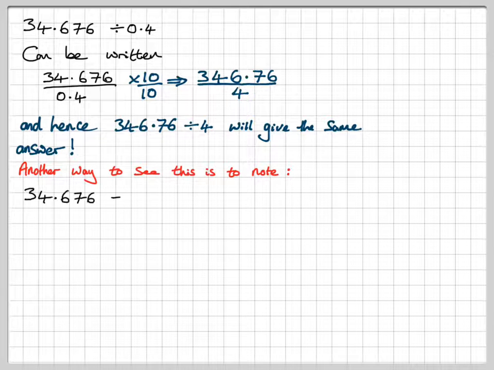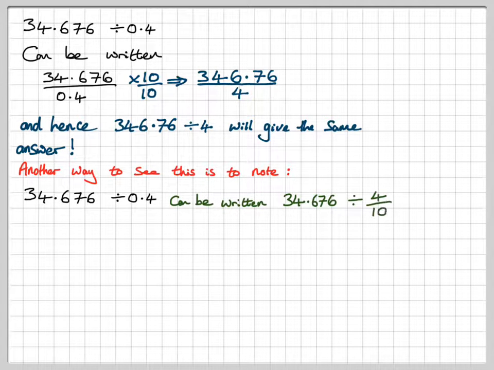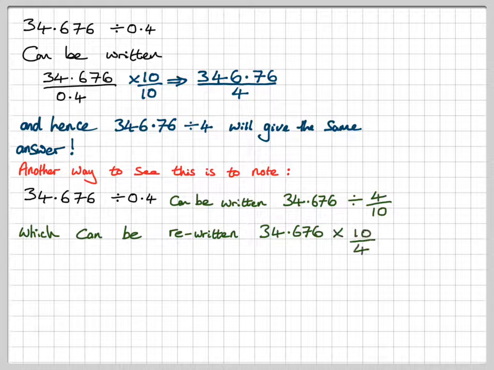The first thing we need to note is that the original problem could be written as 34.676 divided by, instead of 0.4, we'll write it down as 4/10. Of course, they are the same thing. Now you should know that divide by a fraction is the same as multiplying by the reciprocal of the fraction. In other words, this calculation could be written as 34.676 times by 10 over 4.